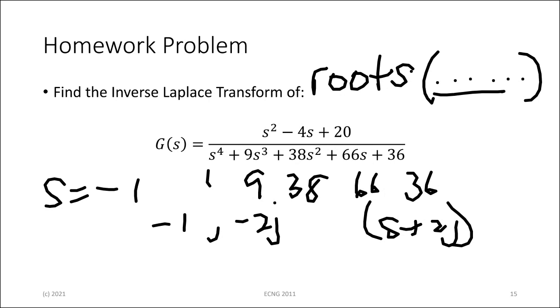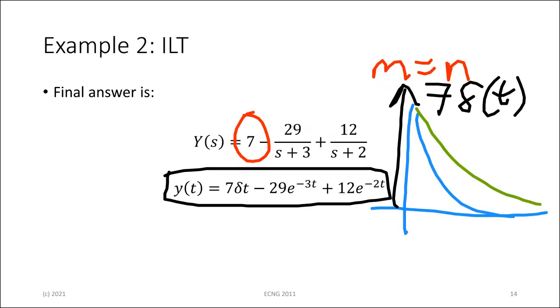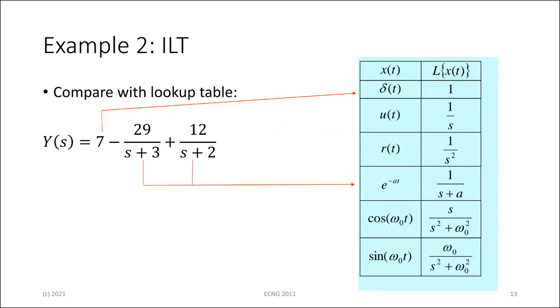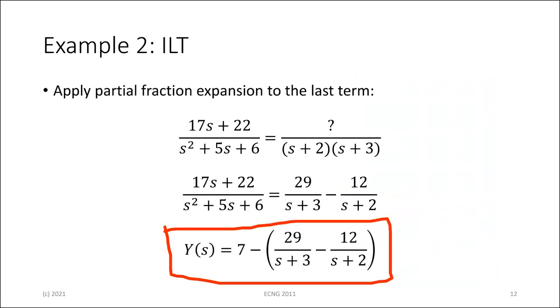And coming back here a little bit. When we factor these, what do I call these, s plus 2 and s plus 3? What do I call those values?